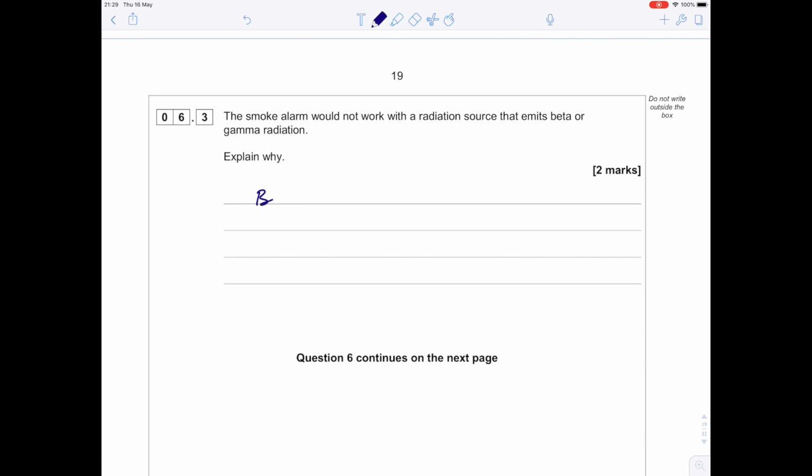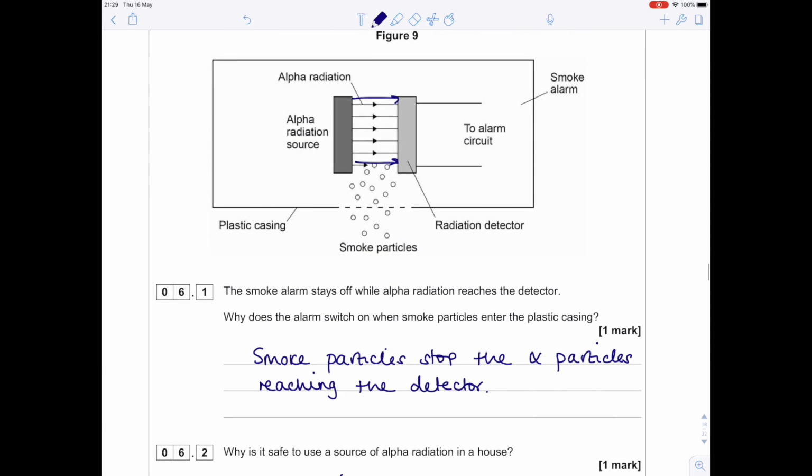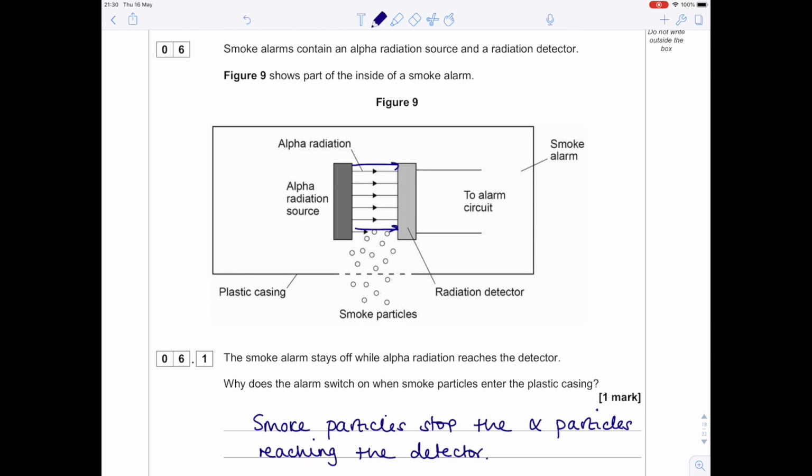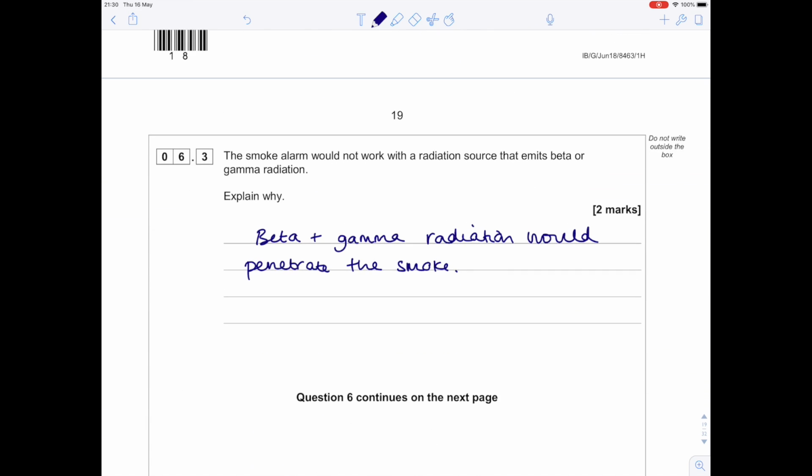So we need to say beta and gamma radiation would penetrate the smoke. And if we have another look, so we have a radiation detector, so effectively there'd be no change in the count rate detected by that radiation detector.